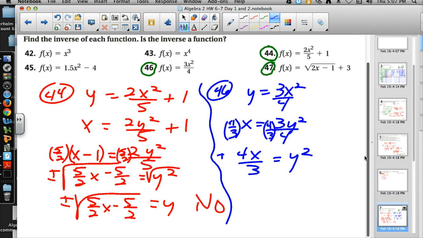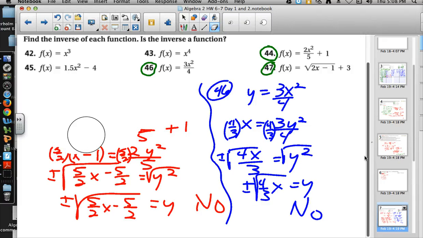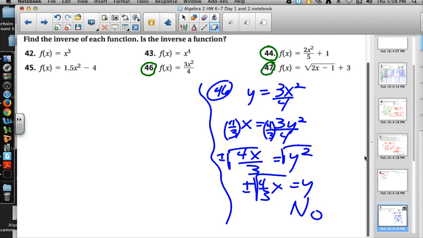We're going to need the square root. So plus or minus square root of 4/3 x equals y. And as soon as you get that plus or minus piece, you know the answer to is the inverse a function is no. It is not. All right.